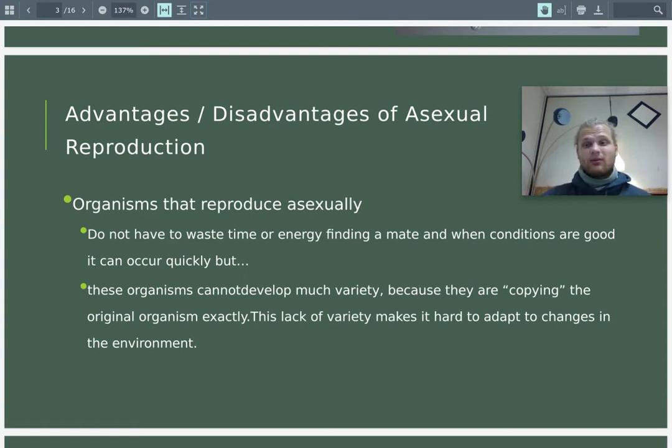It just keeps doubling: 8, 16, 32, 64, 128. They keep reproducing. You can see how the population is going to go up exponentially, very, very quickly. But these organisms can't develop much variety because they're all going to be clones. So if there's one good way to deal with them, like an antibiotic that kills all the bacteria, they should be genetically identical, so they're all going to die to it.